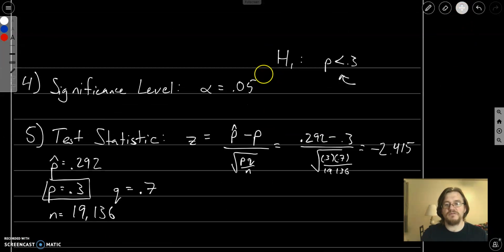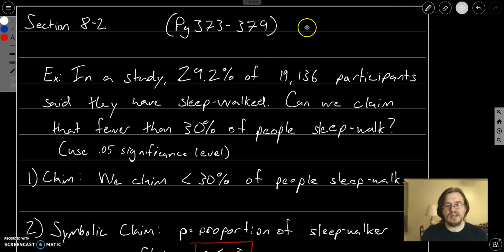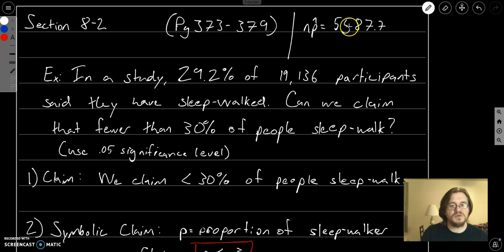So before we did any of this, we should check what is n times p hat, for instance. If I take p hat, which is 0.292, times n here, we in fact get 5,587.7, but we can't have 0.7 people say that they were a sleepwalker.